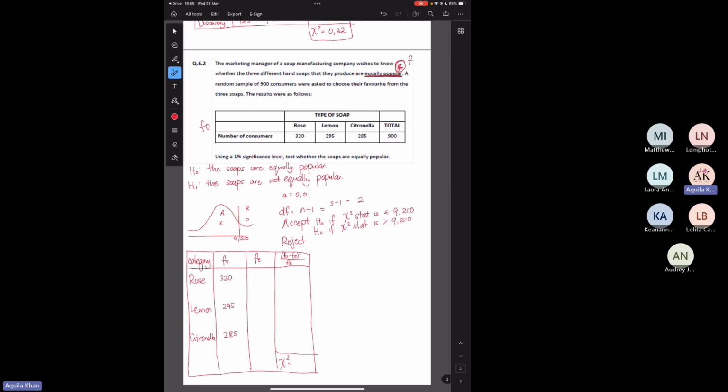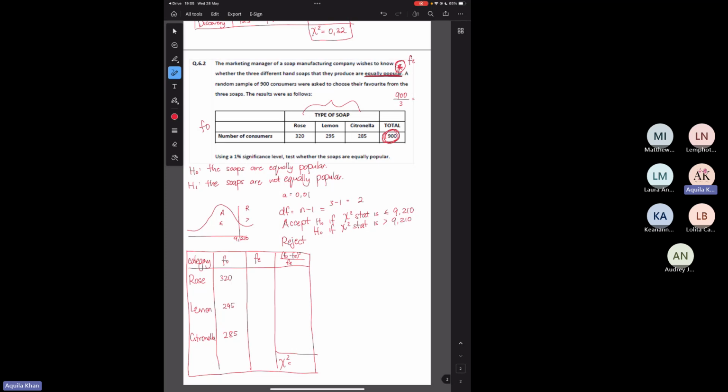This is now saying that they are equally popular. So if there are 900 people in total that they have surveyed, and they had an equally popular opinion about each of them, all you're going to do is say 900 divided by the three options, because now they have an equal split between the three options.